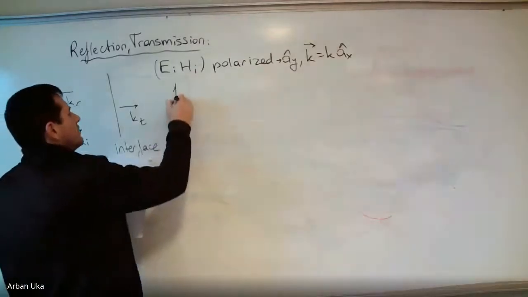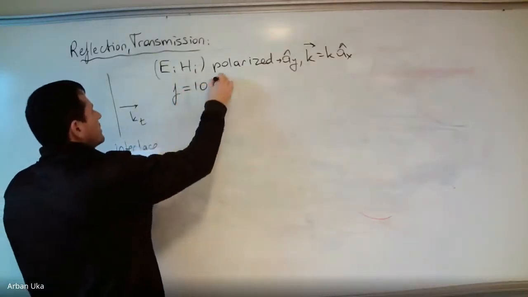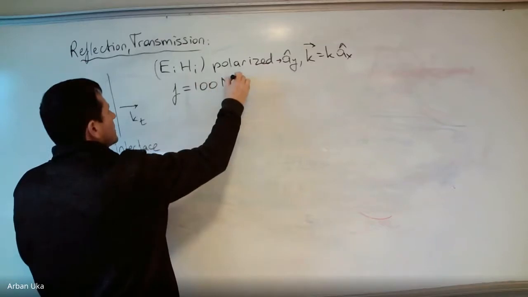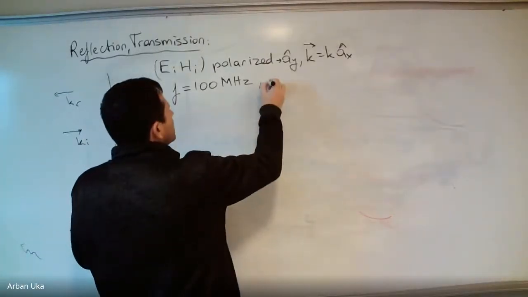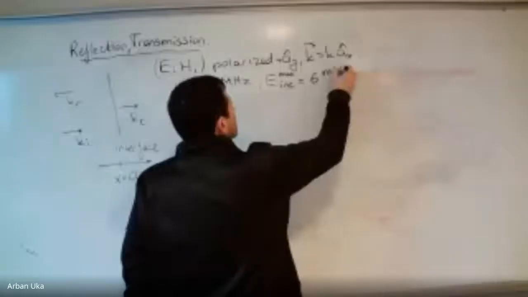We assume that we have a frequency which is 100 megahertz. Given that 6 millivolt per meter, this incident is done on a perfect conductor.